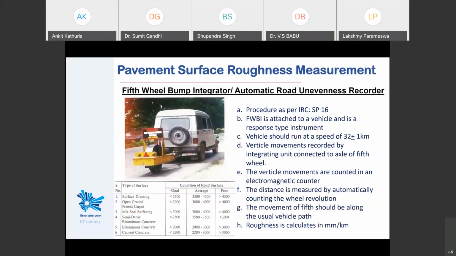To start with functional evaluation, the first equipment that we have to use is the fifth wheel bump integrator. It's a very famous equipment. While going through IRC 82, to refer to the detailed procedure, we have to look at IRC SP16, which gives you in detail the procedure of carrying out the FWBI test.